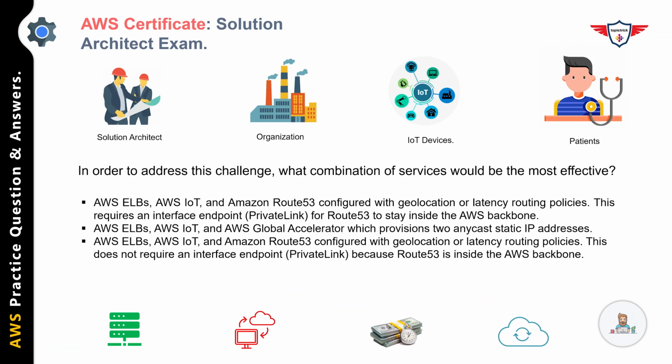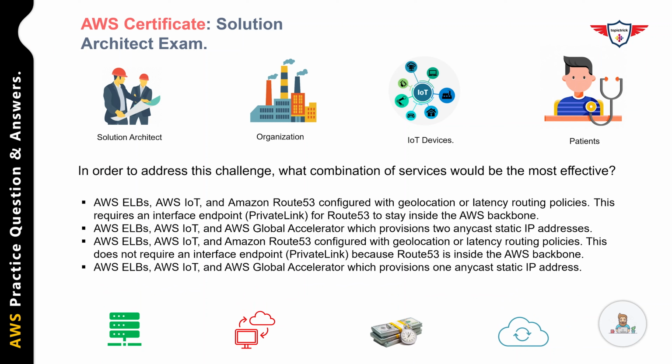Option 3, AWS Elastic Load Balancer, AWS IoT, and Amazon Route 53 configured with geolocation or latency routing policies. This does not require an interface endpoint, that is PrivateLink, because Route 53 is inside the AWS backbone. And the last one is AWS Elastic Load Balancer, AWS IoT, and AWS Global Accelerator, which provisions one anycast static IP address.